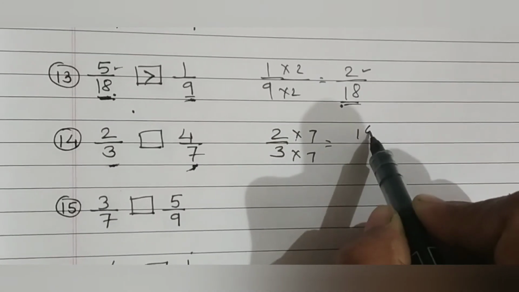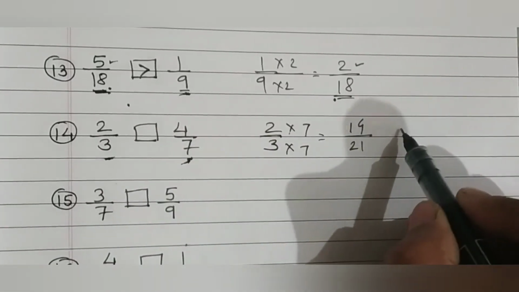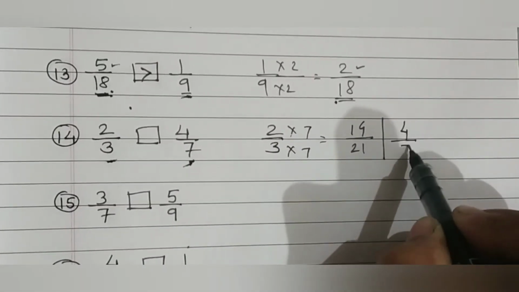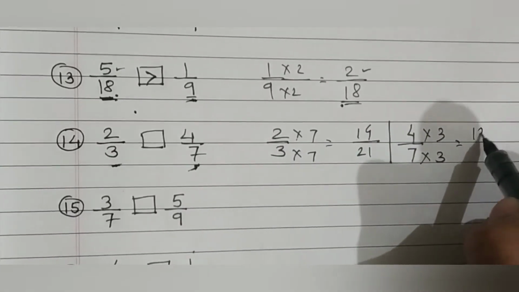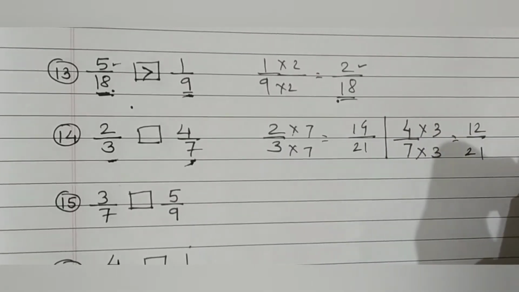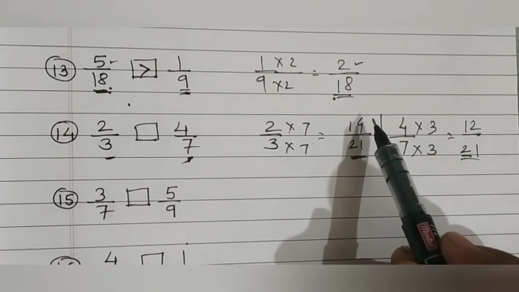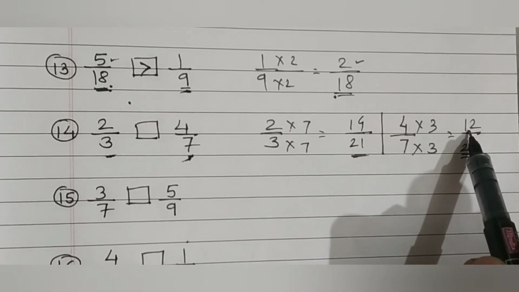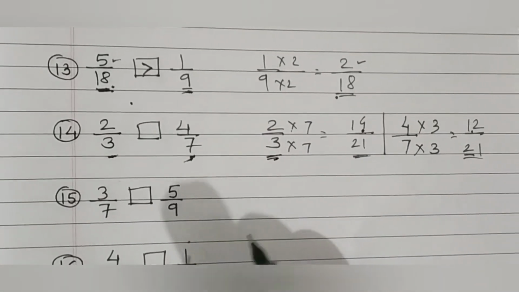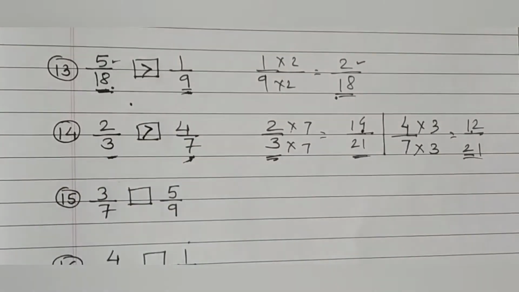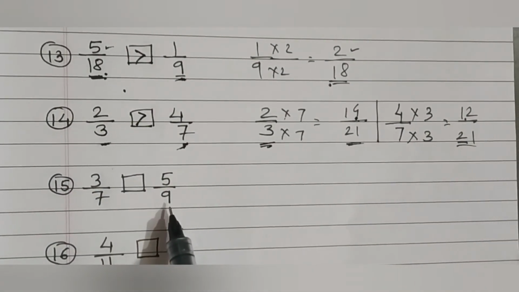Okay, here 14 and here 21, and here 4 by 7. Let's multiply this number with 3. Here 12 and here 21. Okay, so we got same denominators. So which is the greater numerator? 14 and here 12, right? So 14 is greater. So which fraction is greater fraction? 2 by 3.